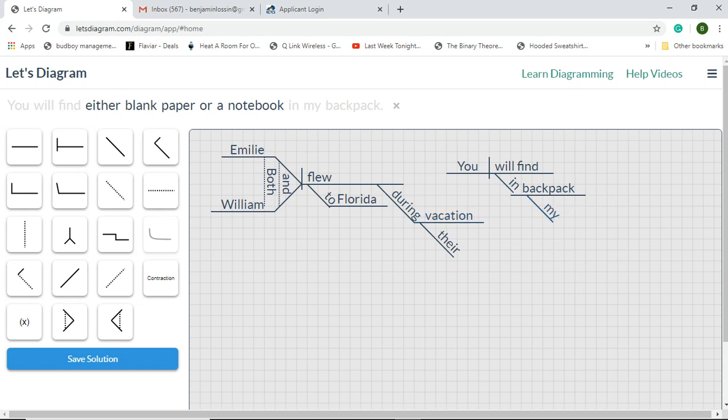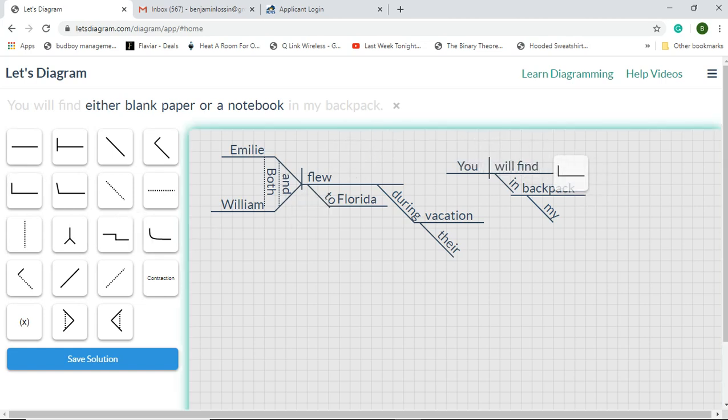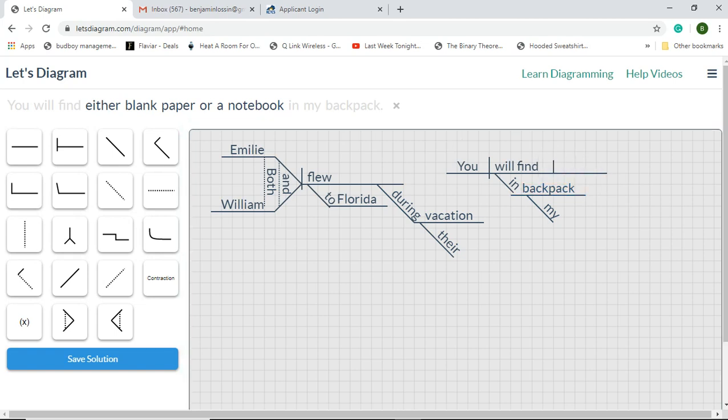Okay, now you're going to have to add our direct objects. Okay, and they are compound direct objects. The compound direct objects are connected with the rocket ship. Okay, so what are our two objects that will find is transferring to?